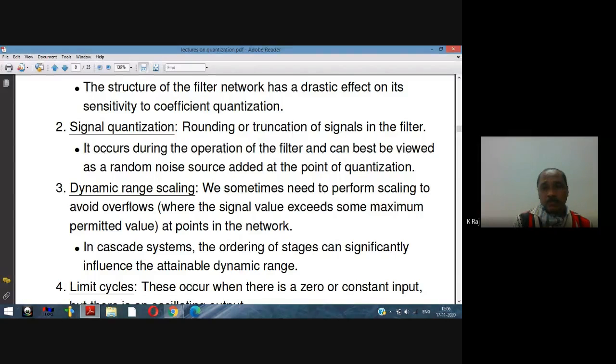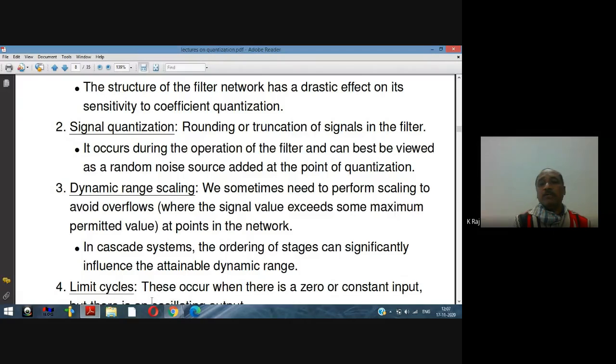What is the dynamic range? Dynamic range is the ratio of the maximum value that can be represented to the minimum value that can be represented by a finite set of numbers, a number of bits, or with the help of the word length. The third is the dynamic range scaling, and the fourth one is the limit cycles.